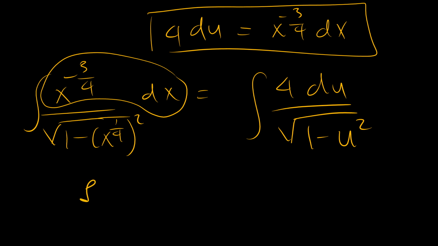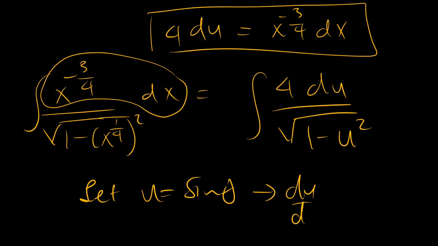Now this is easy, so we'll say let u be equal to sine theta, such that du/d theta is equal to cos theta, and so du is equal to cos theta d theta.